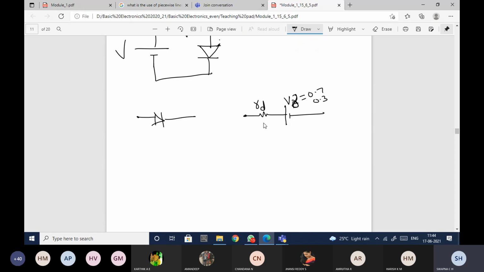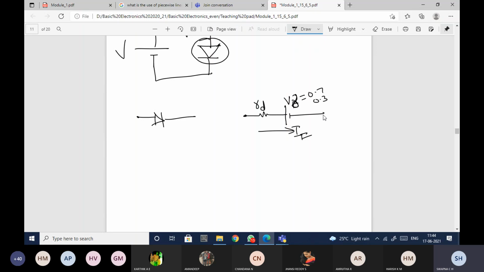This way you can replace the diode. Whenever you have to use piecewise characteristics, you need to replace the diode with RD, the dynamic resistance, and the voltage source, and the current IF will flow through it. That is the piecewise linear characteristics.